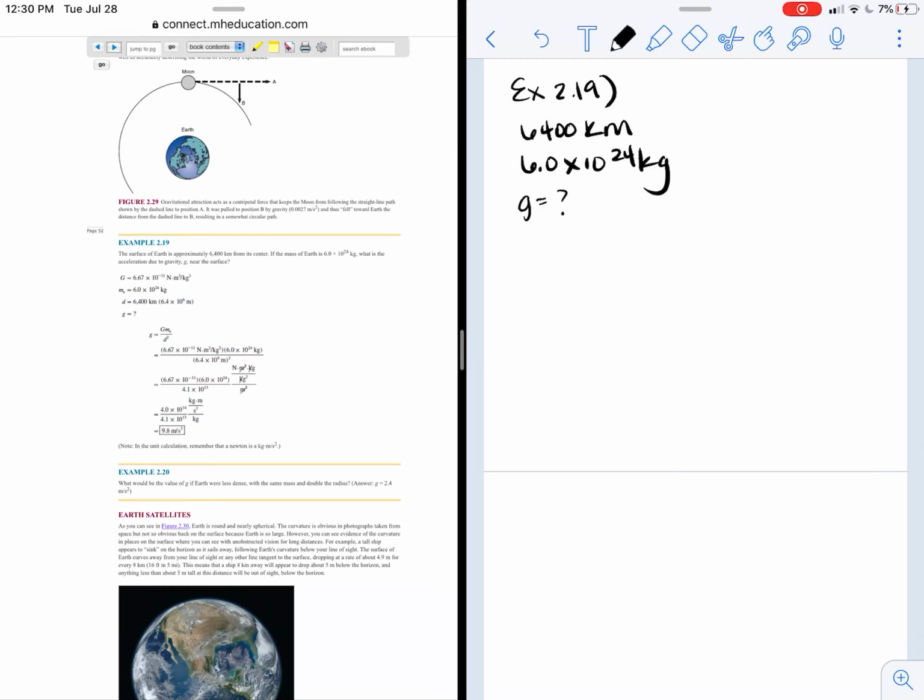So what you do here is you've got force, with this equation that we had earlier, but we know that force is equal to mass times acceleration or gravity from previous equations.